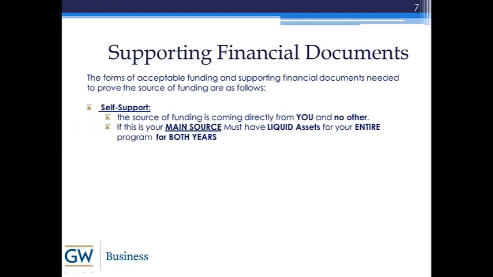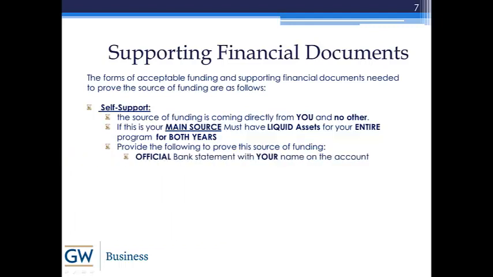If this is your main and only source of funding, you must prove to have liquid assets for your entire program for both years. Provide the following to prove this source of funding: an official bank statement with your name on the account. Please be aware that we do not accept on-screen printouts or emails.